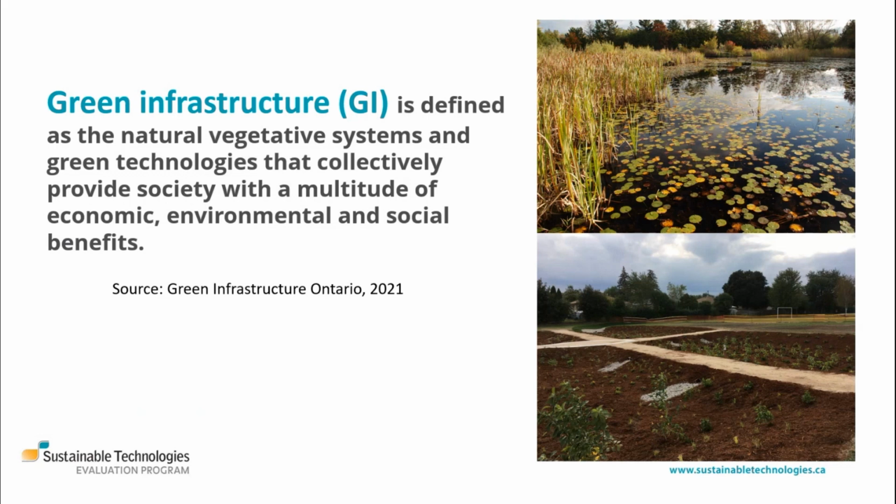The first is natural capital or natural green assets. These are a subset of green infrastructure and the stock of natural resources and ecosystems, such as forests or wetlands, that yield a flow of benefits to people. Examples given here are natural vegetated systems, such as wetlands, as we see in the picture above, and woodlots that don't require further human modification to help protect us from higher levels of potential flood, increased infiltration rates, or co-benefits of helping cool nearby areas.